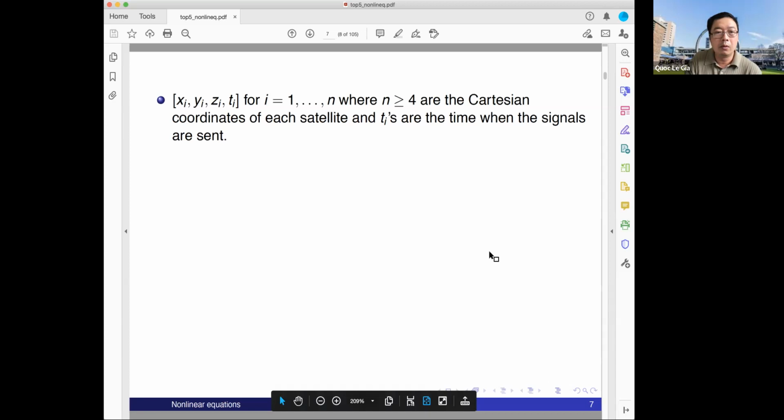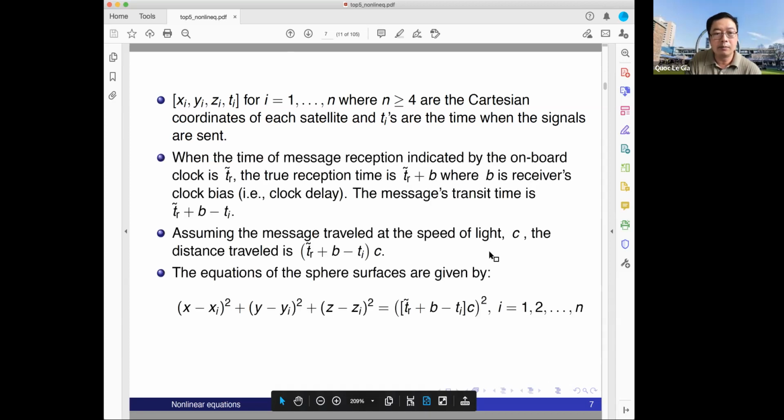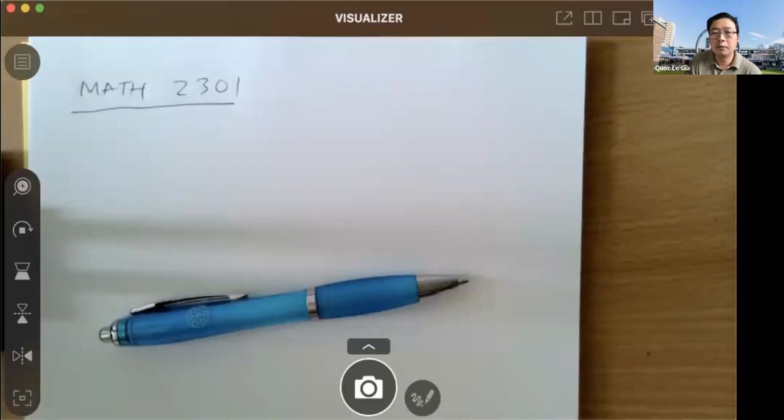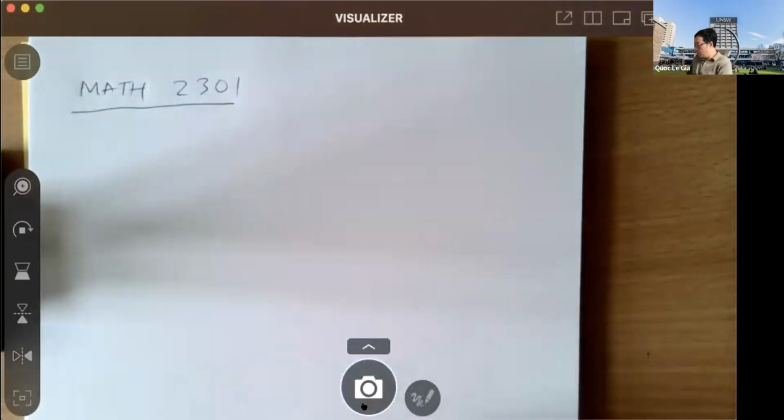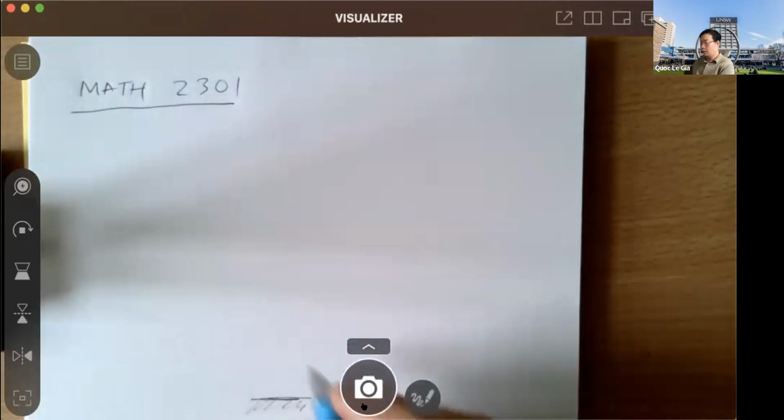So maybe let me introduce the equation here, and then let me draw pictures. Suppose you have your mobile phone here. You stay here, somewhere on Earth. It's you, or anyone with a mobile phone.